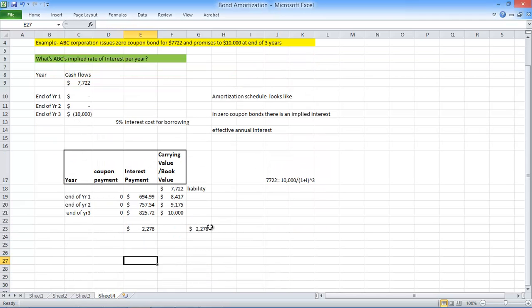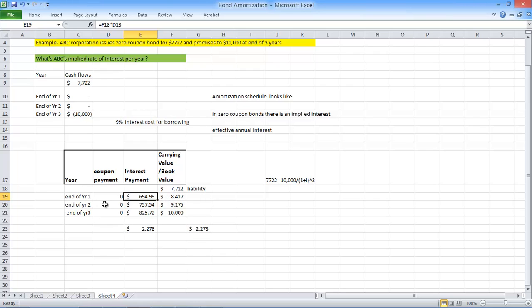Okay, so let's recap what we have done. This is our beginning book value, and anytime we have a liability, we have to pay an interest. That interest is simply 9%, so we pay 9% on this amount, so that's your interest payment. You add this because you're not paying any coupon, and it becomes 8,417.